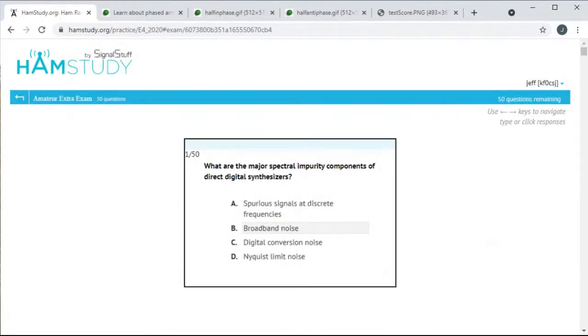I think it took about an hour and 10 minutes. I will be speeding through this probably faster than I would when I actually take the test. But let's see how things go.